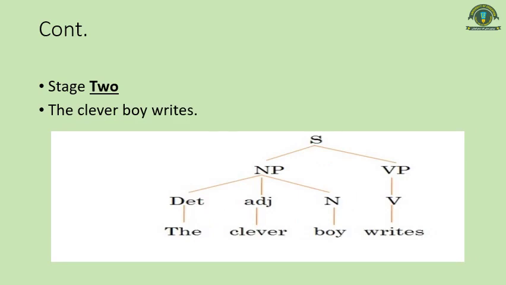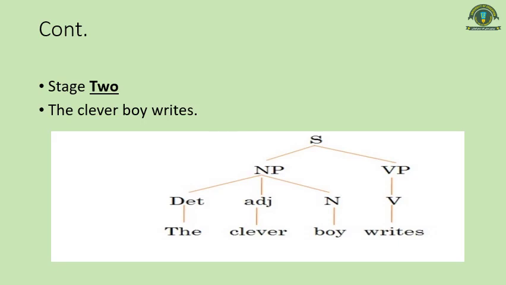In stage 2, the sentence is: the clever boy writes. It is a longer sentence than the previous one. The determiner, clever adjective, and boy noun. So determiner, adjective, and noun, by joining together, are making a noun phrase.